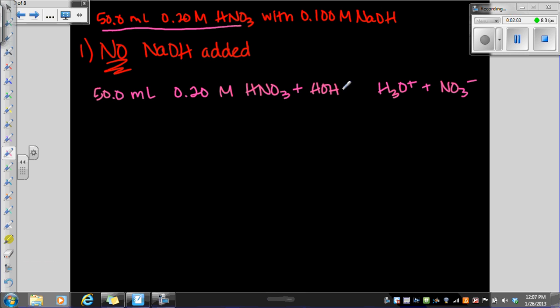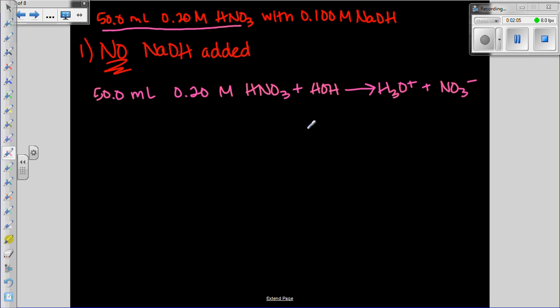So because this is a strong acid, this is all stoichiometry. I get all products. So really what that means is I don't have these around anymore. So if my molarity of nitric acid was 0.20 molar, that means my concentration of hydronium is 0.20 and my concentration of nitrate is 0.20.